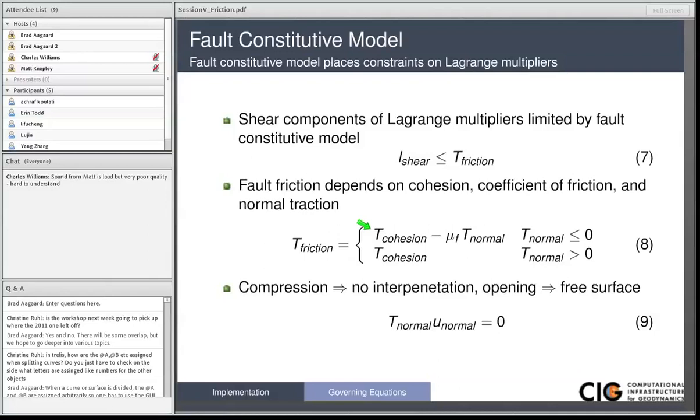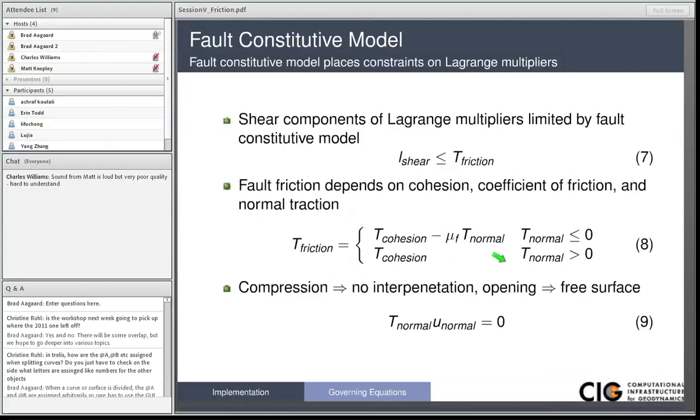So the normal traction compressive is negative, so this right-hand term is positive, giving us a positive shear traction. When the fault normal traction is equal to 0, we have cohesion. And when the fault opens or is under tension, then the friction is equal to 0. So that's this bottom piece.